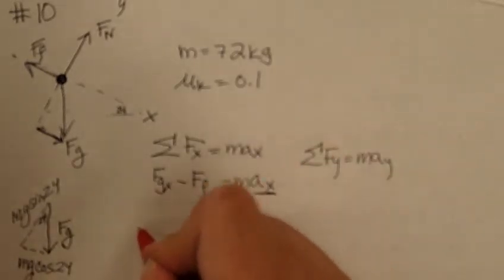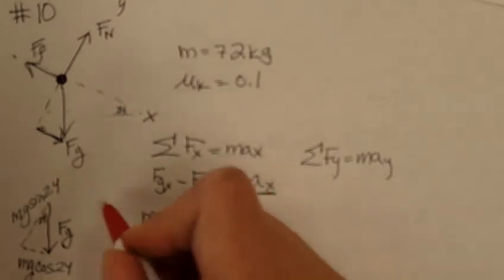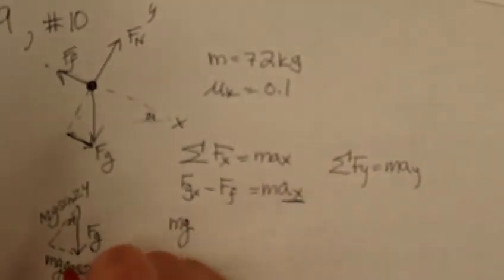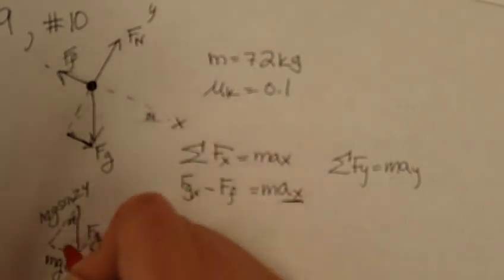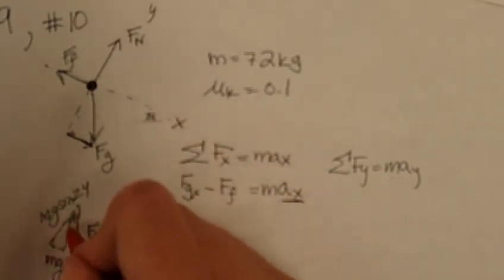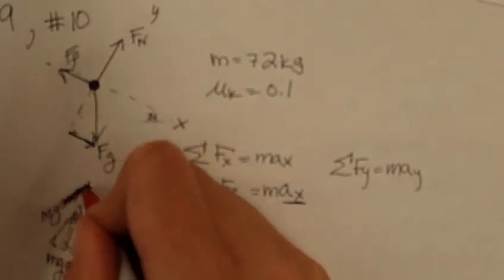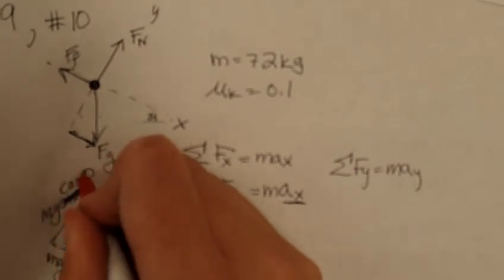Okay, and I can go ahead and fill it in. I know that Fgx is mg, and I screwed up here. This is opposite from the angle, so this will be mg sine theta, and this should be cosine because it's adjacent.